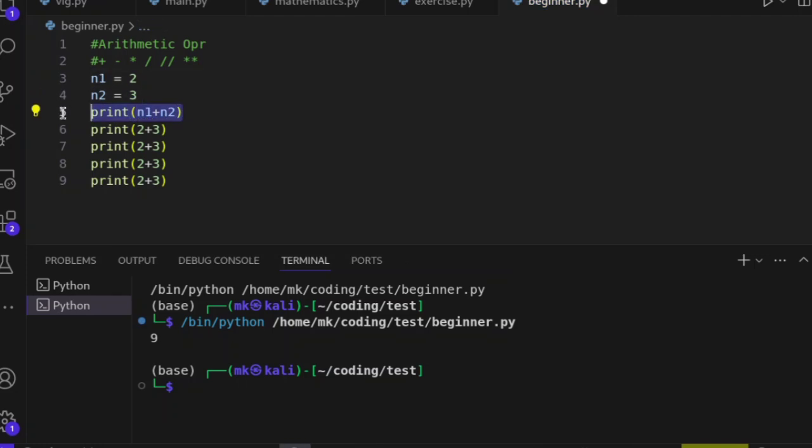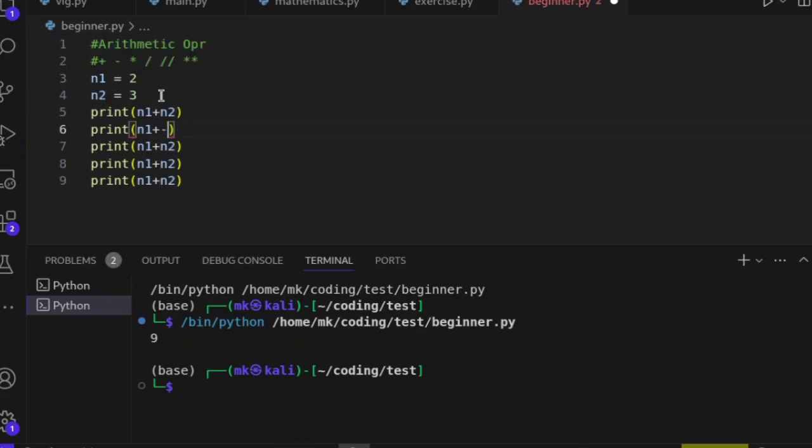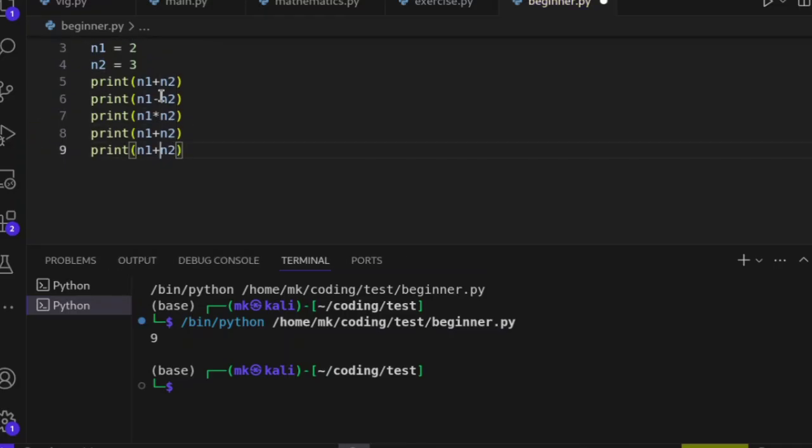Let me put minus, then times, then divided by, then double divided by, and last but not least, the square.